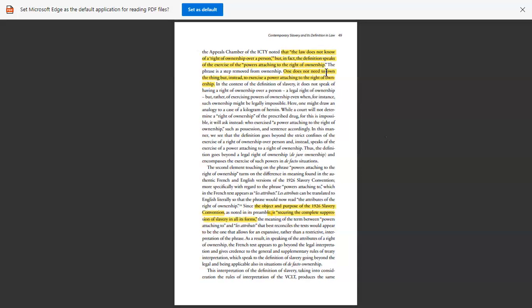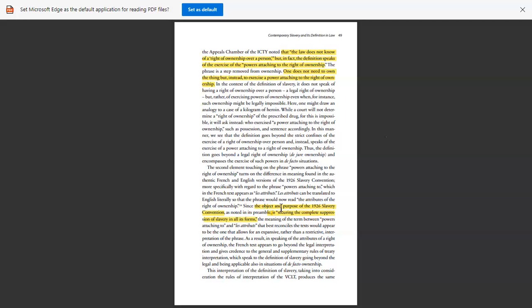One does not need to own the thing, but instead to exercise a power attaching to the right of ownership. So if you're acting like you own it, that's sufficient. And again, not all of the ownership principles have to be exercised. Any of them can be exercised.